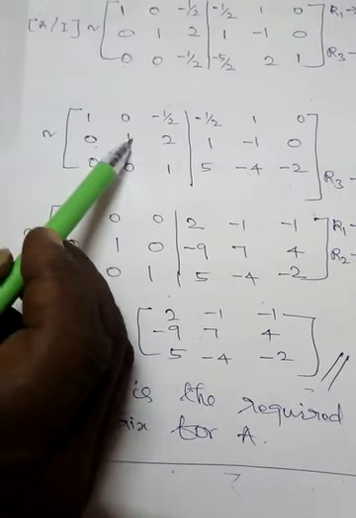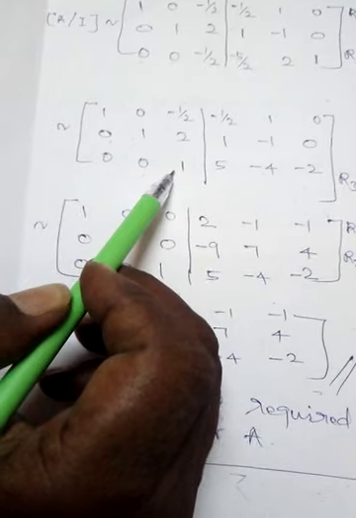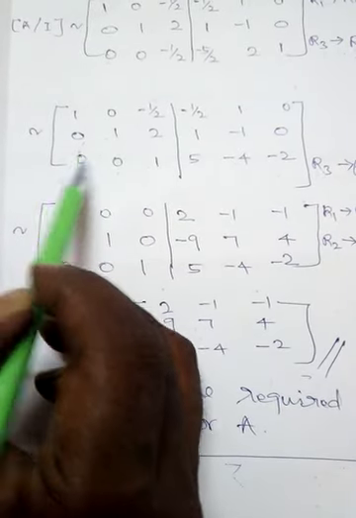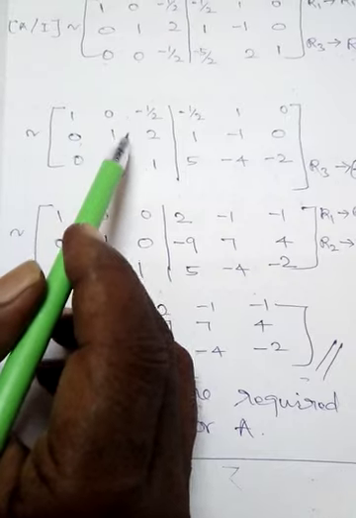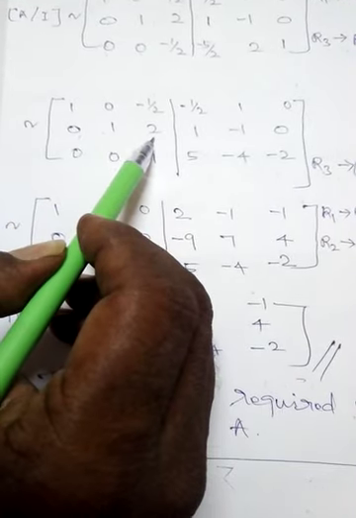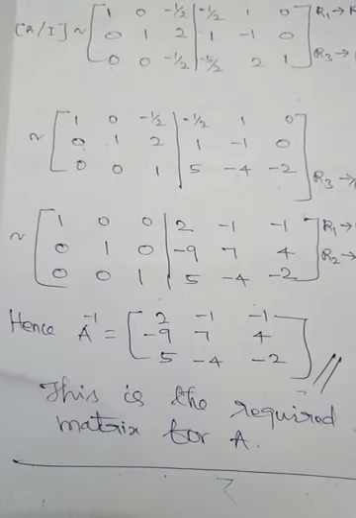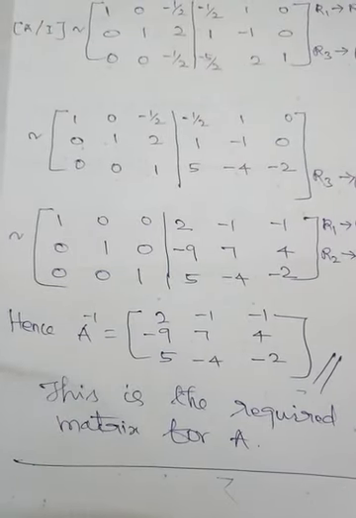See this place 1, this place 1, 1 1. So the identity matrix has partially occurred, 1 1 1 and 0s elsewhere. The only problem occurs in two places, minus 1 by 2 and 2. If these two places become 0, there is no problem and we will reach the identity matrix.